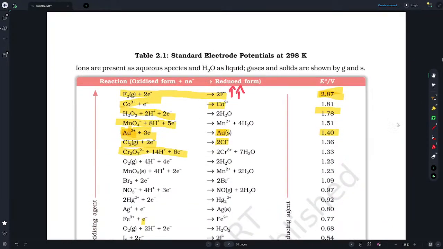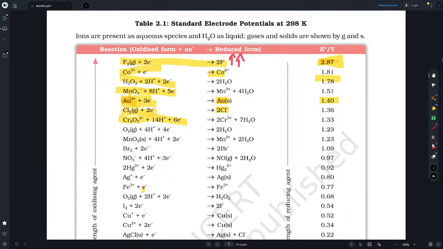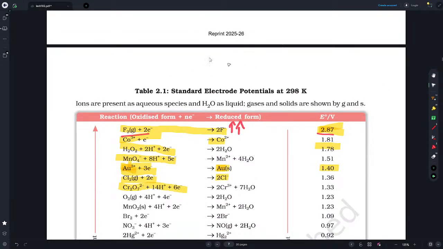This is the one giving the standard electrode potential with fluorine to 2 fluoride ions, this being the highest electrode potential, meaning fluorine gas can easily take 2 electrons to undergo reduction to get fluoride ion.